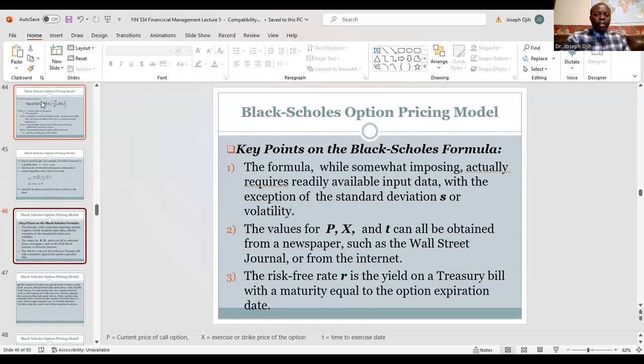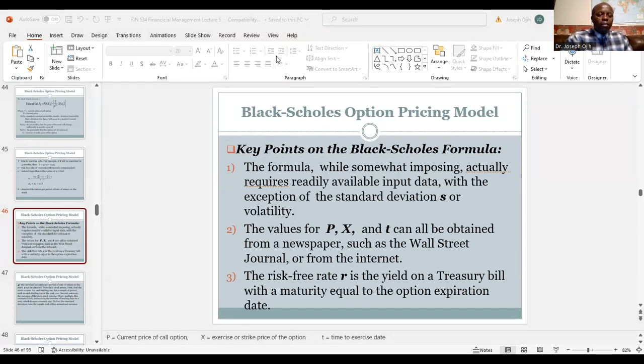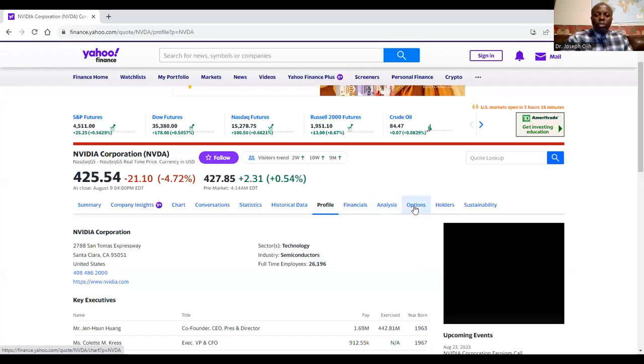Then X is the strike price, the exercise price, and T is the time. So if you go to Yahoo Finance, where we have NVIDIA, if you click on the section that says options, it will open up.